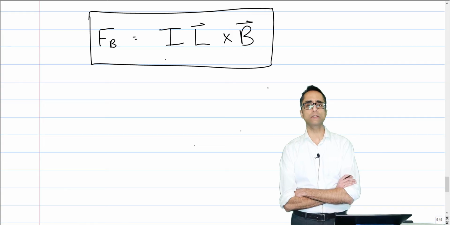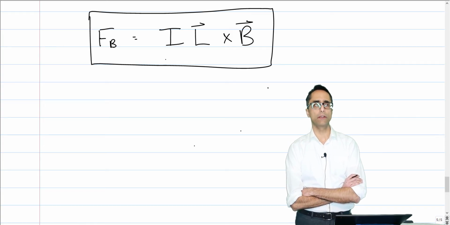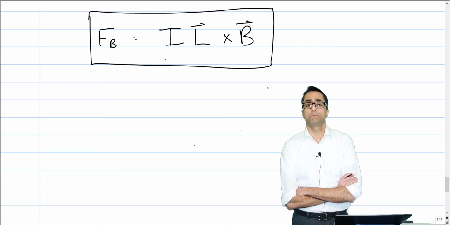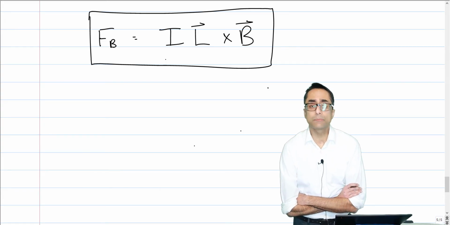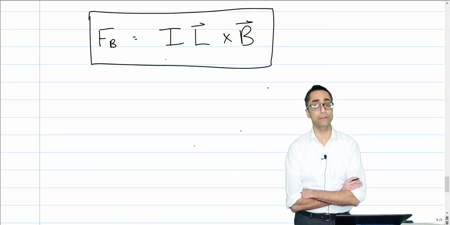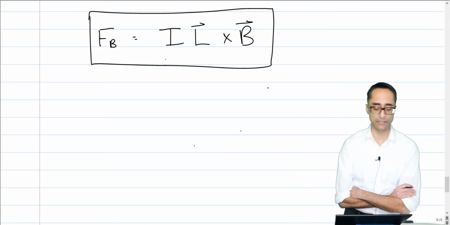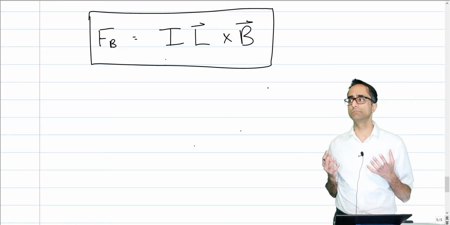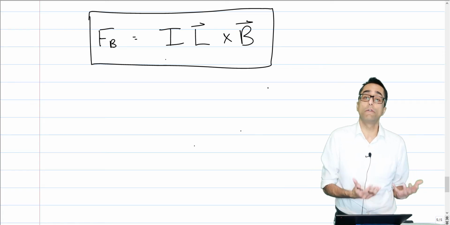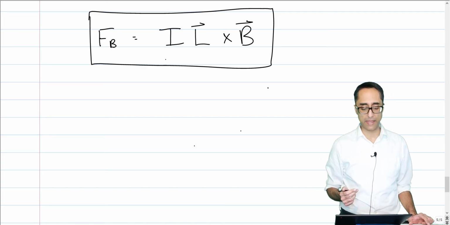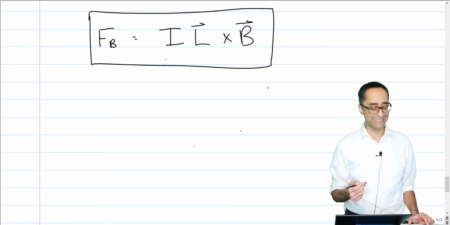We've seen this once before, where the ds in the Biot-Savart law didn't seem like it should have a direction, but it did have a direction. That direction was the direction of the current. And the same thing happens here. L is going to give us the direction of the current. I itself doesn't want to be a proper vector, so we force L to be a vector in its stead.